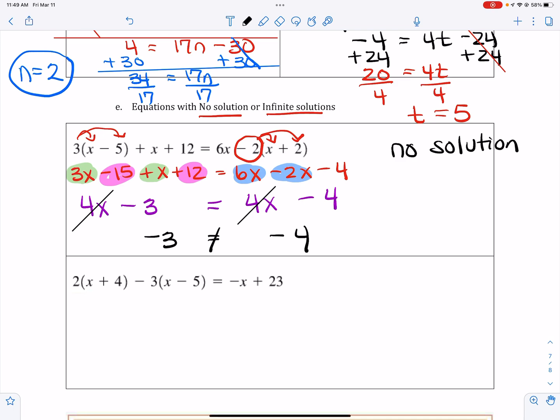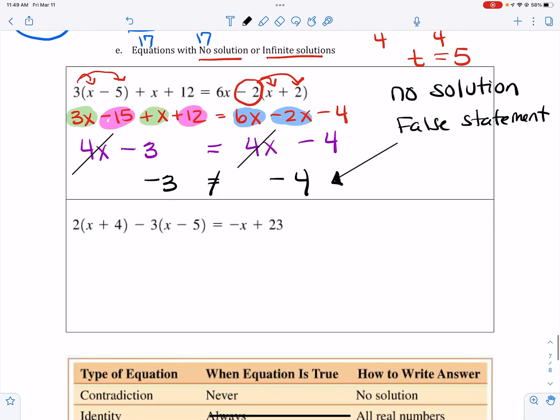If you get a false statement, such as -3 equal to -4, then we know that's not true, and that means that we will have no solution.